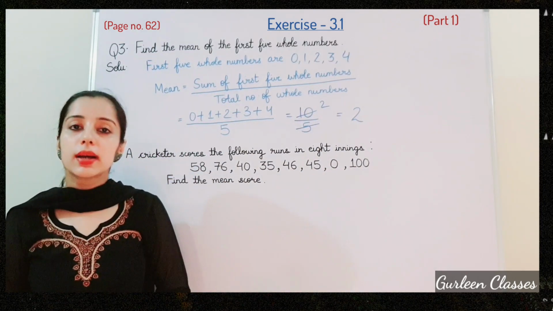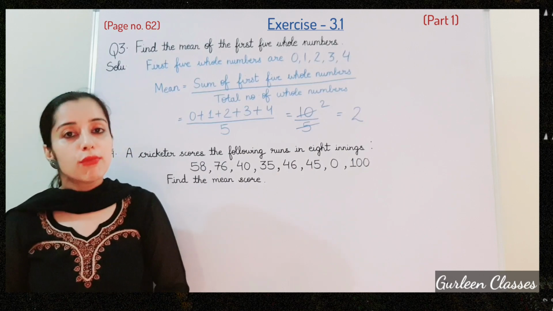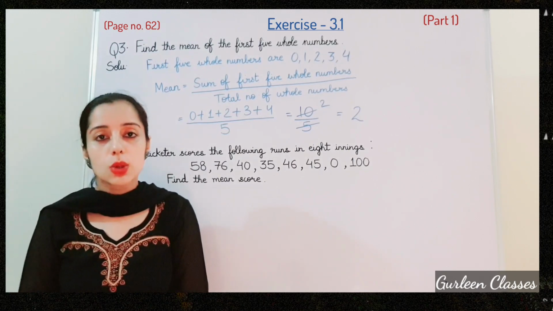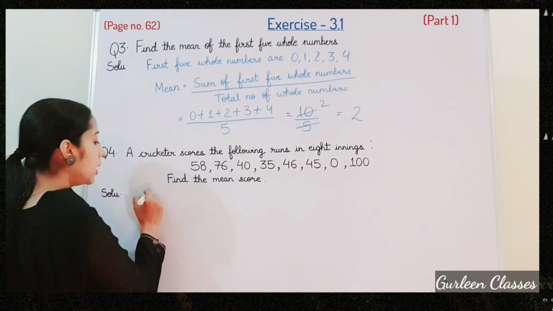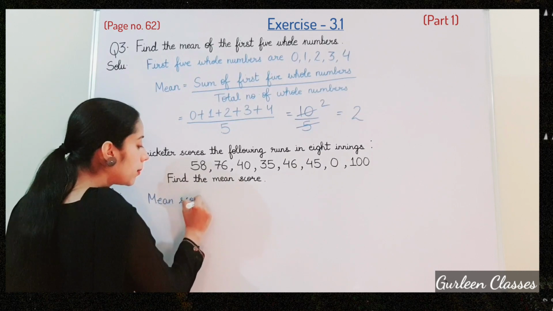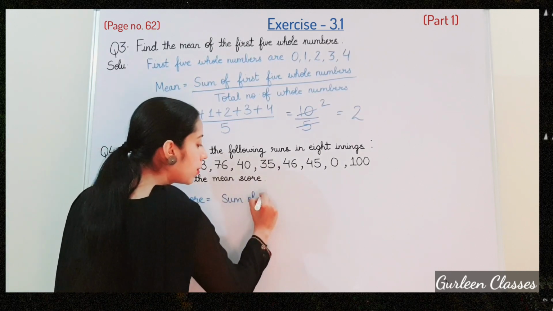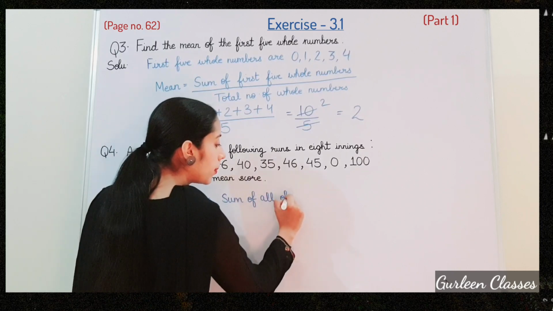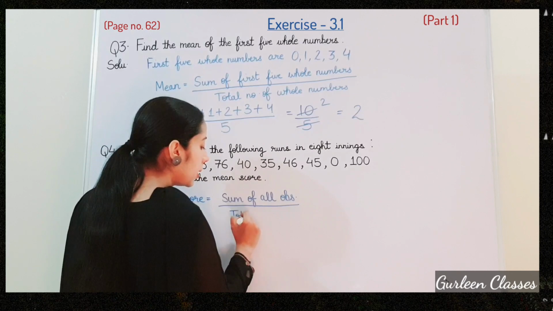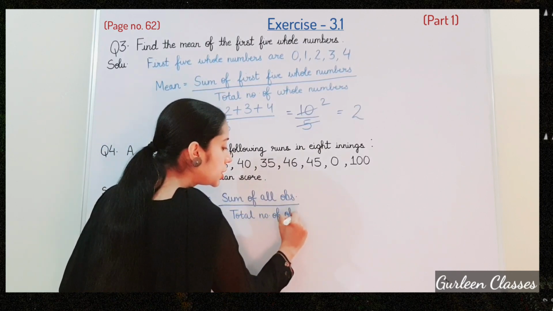Question number 4. A cricketer scores the following runs in 8 innings. Find the mean score. We have to find out here the mean score. So let us write down the formula. Mean score is equal to sum of all observations upon total number of observations.